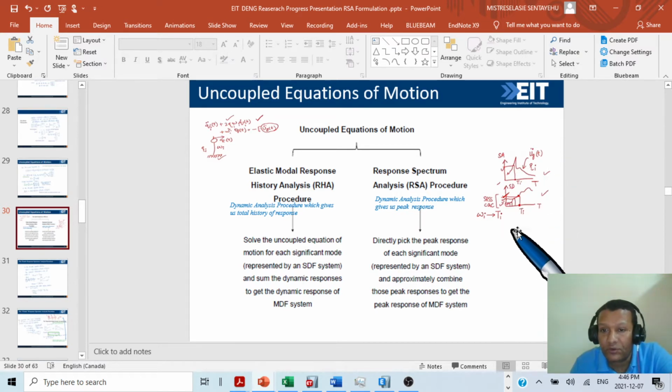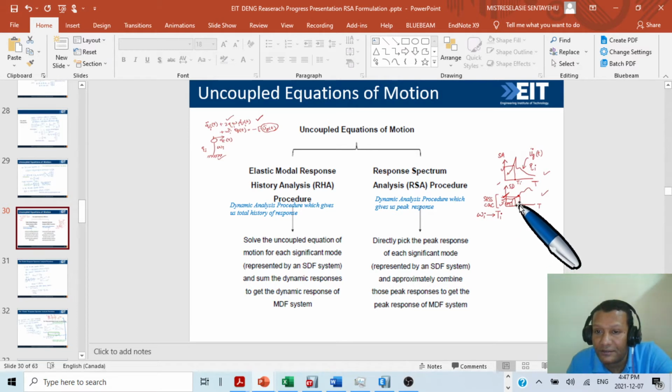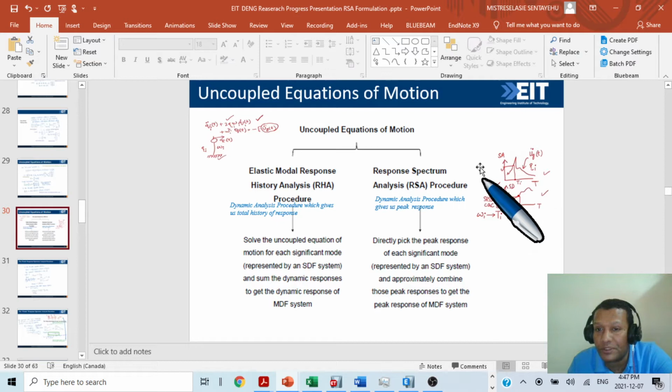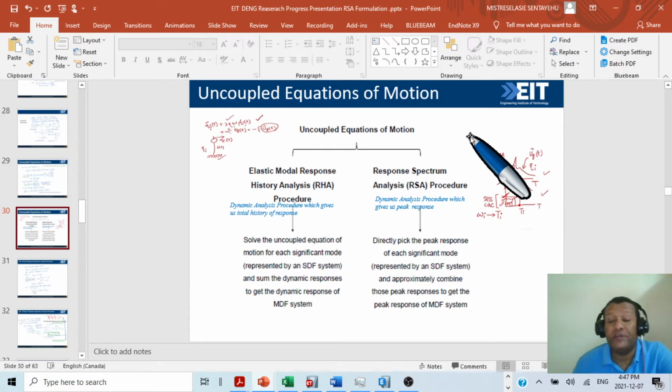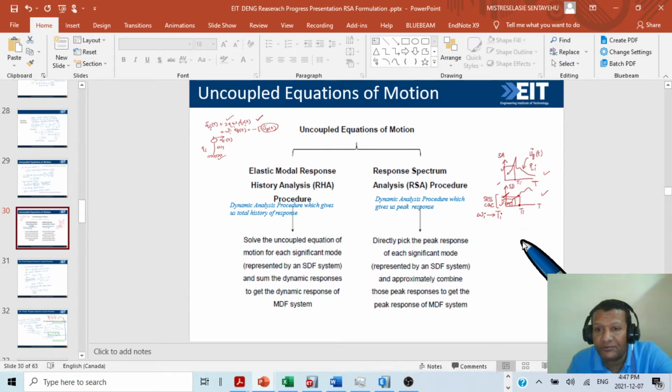For our building, if our period is, for example, Ti, then we go here and find SD directly, and change it into pseudo acceleration and pseudo velocity.